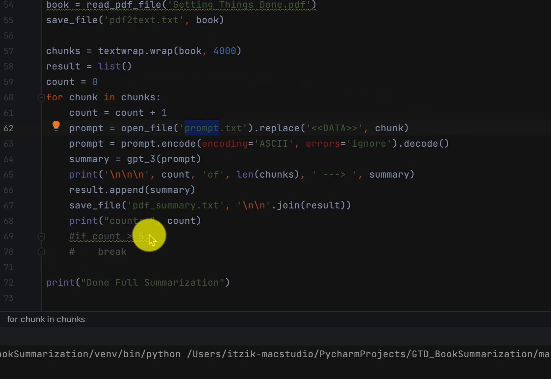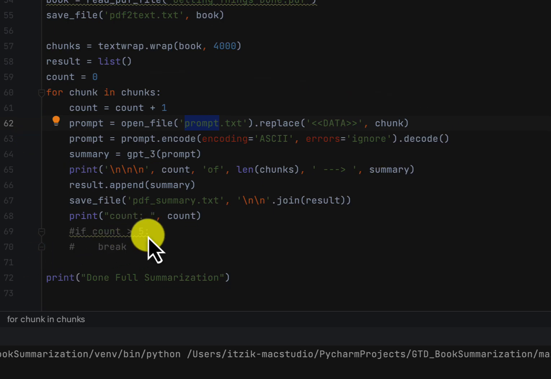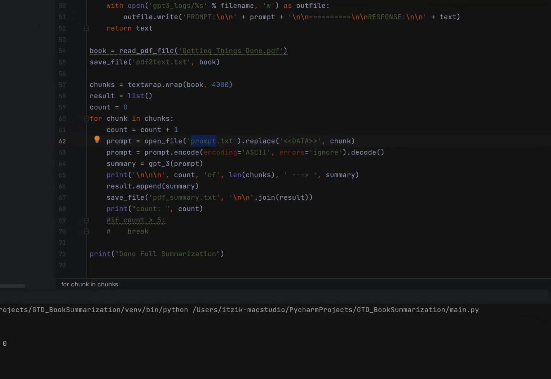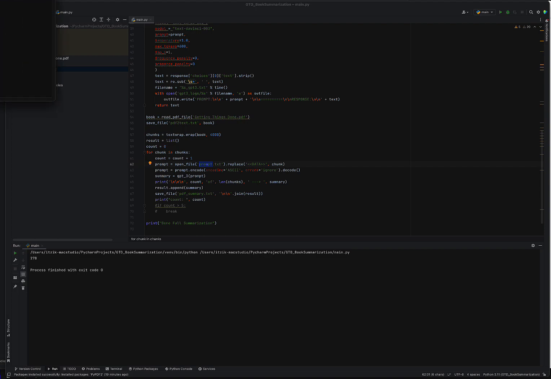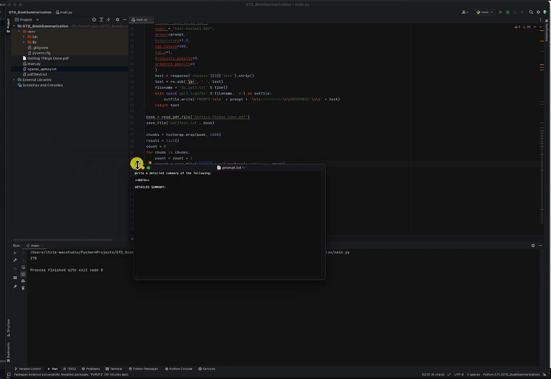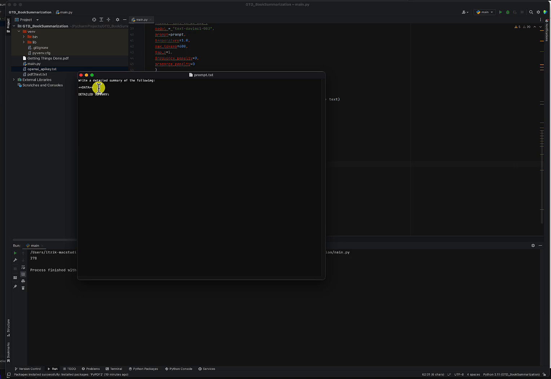This is the real answer for each text. So I added each text into the GPT-3 function, which summarized the text based on the text-davinci-003 model, which I used. Now, at this point, I was with around 120 summarizations of the book.